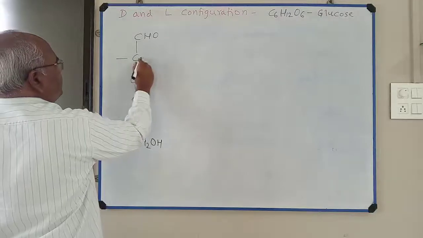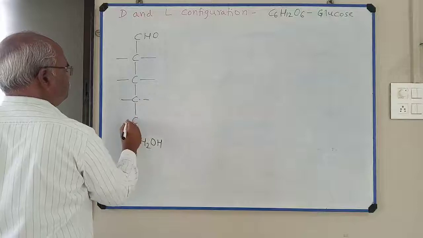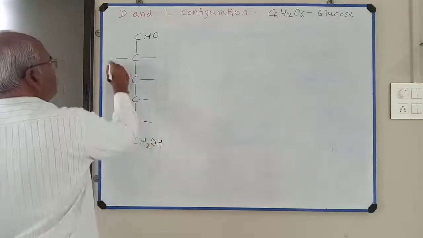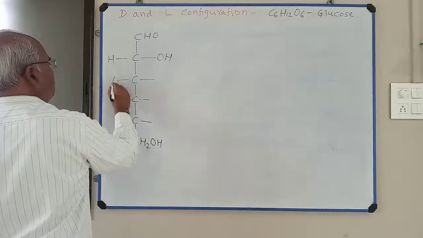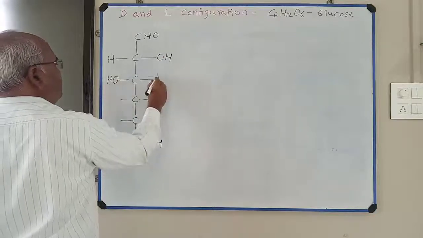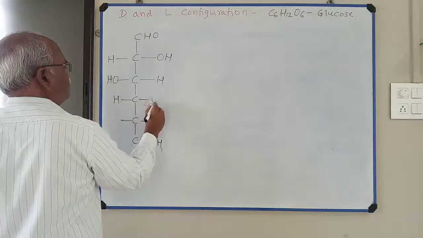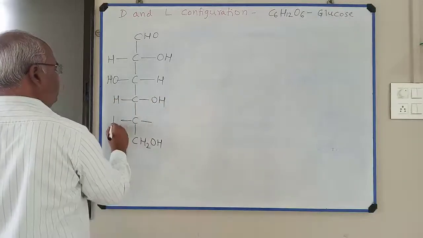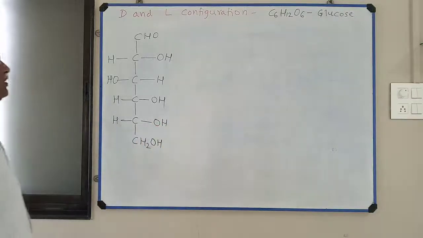Carbon is tetravalent. Here H, OH, OH, H, H, OH, H, OH. This is the open chain structure of glucose.